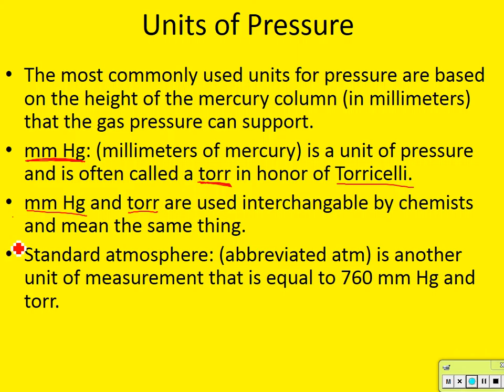Okay, standard atmosphere. This is another unit of pressure. A standard atmosphere, abbreviated, is atm. It's not an ATM where you get your money out. It's not an automatic teller machine. Atm is how they abbreviate atmosphere. It is a unit of measurement that is equal to 760 millimeters of mercury and 760 torr.